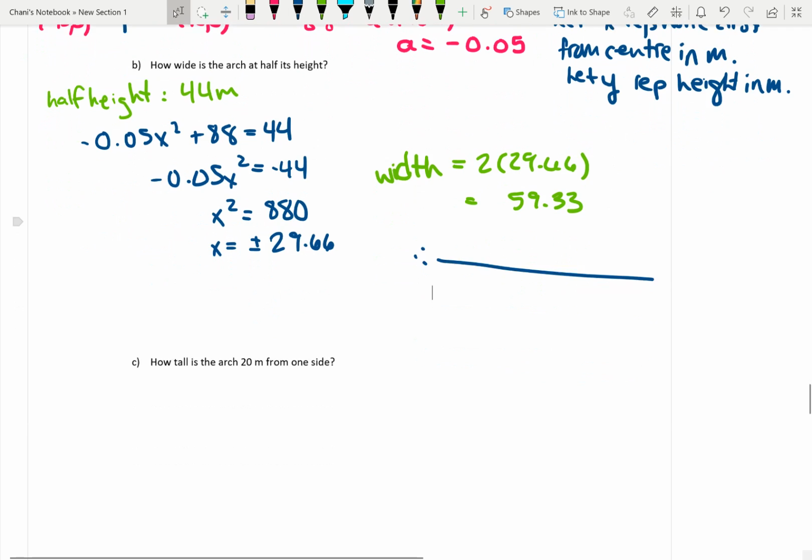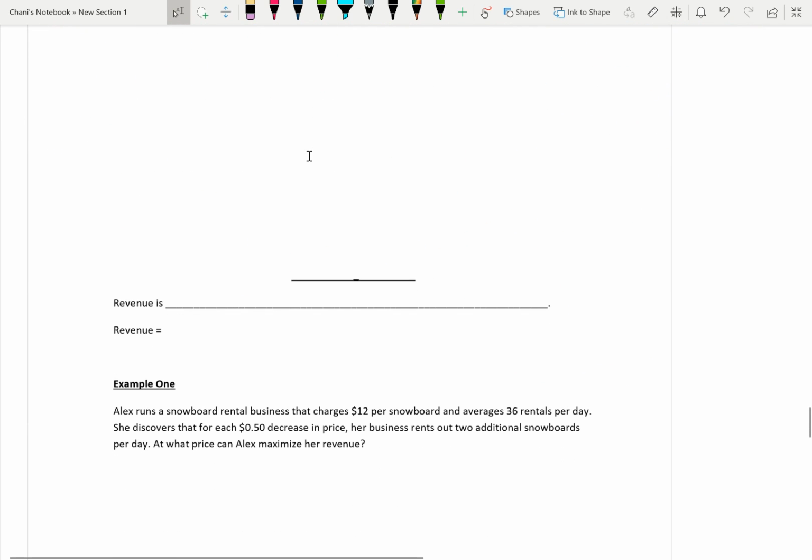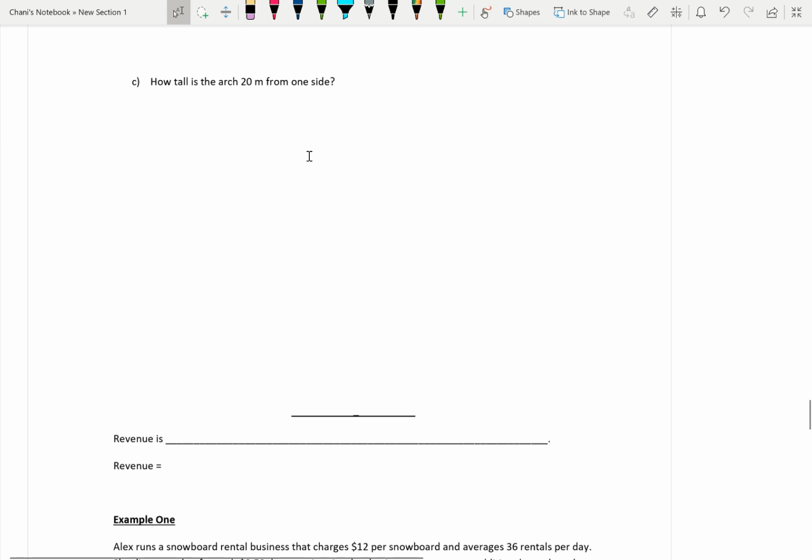Okay, how tall is the arch 20 meters from one side? So, let me just draw this here for you, again, just so I don't have to keep scrolling up. So be careful about what this means. 20 meters from one side is not 20 meters from the center.